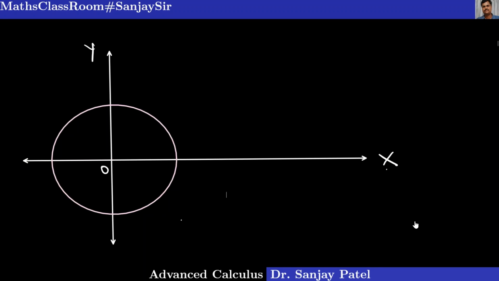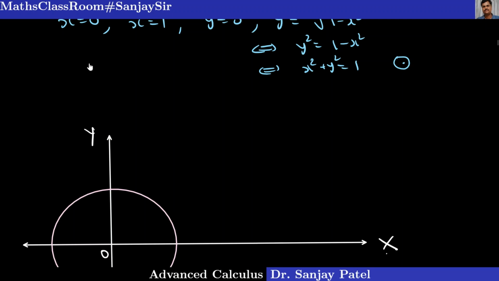And let us go back and see what are our limits of integration. x equal to 0, x equal to 1. x equal to 0 is this line, that is the y-axis. x equal to 1 is the line parallel to the y-axis.